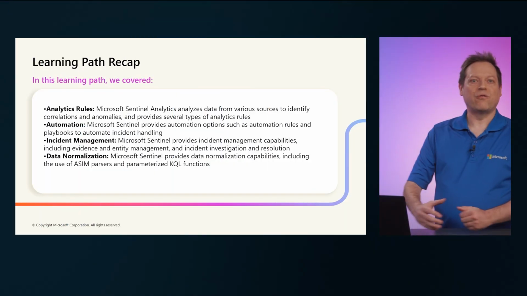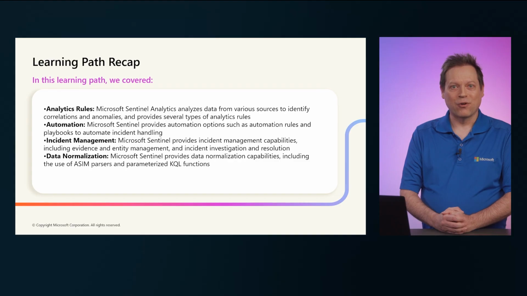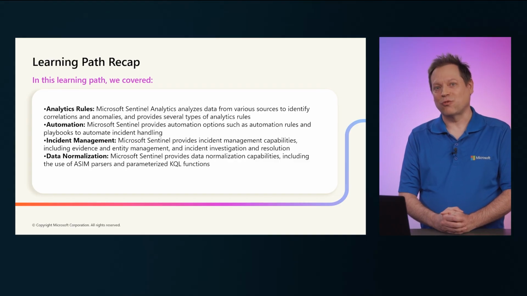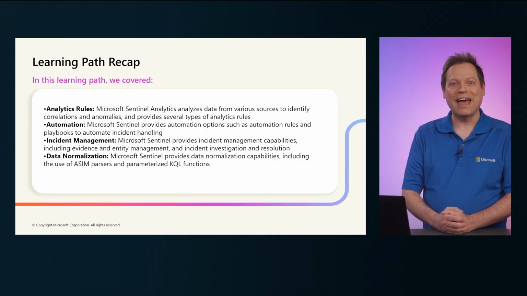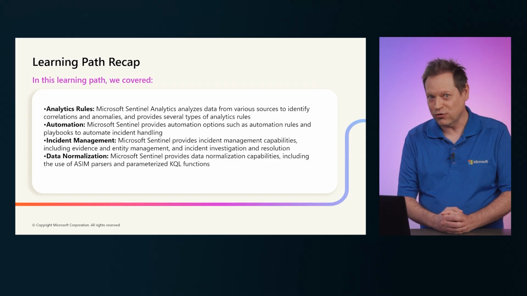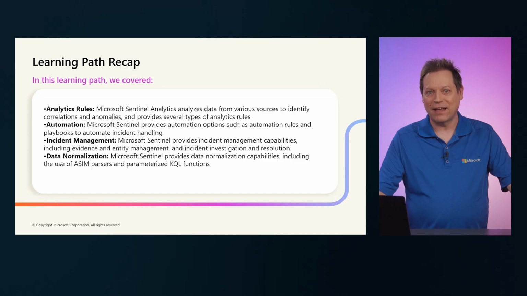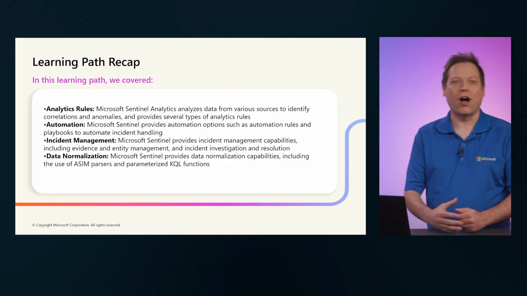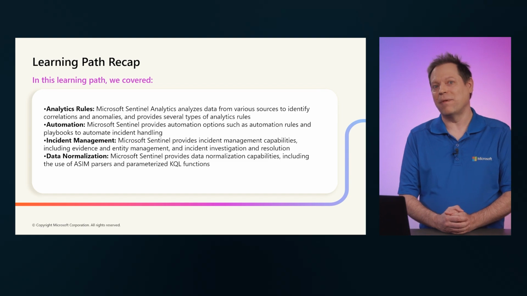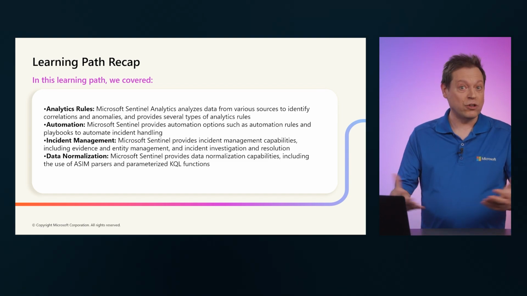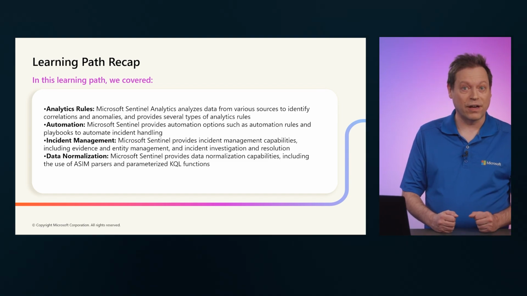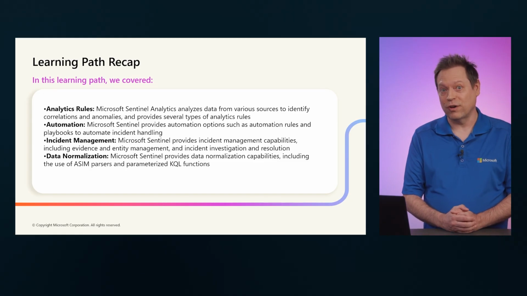Let's recap what we've covered in this learning path. We've started with analytics rules, where Microsoft Sentinel analyzes data from various sources to identify correlations and anomalies, and where you learned about the different types of analytics rules available. We then explored automation, including automation rules and playbooks, which help streamline and standardize incident handling and response.